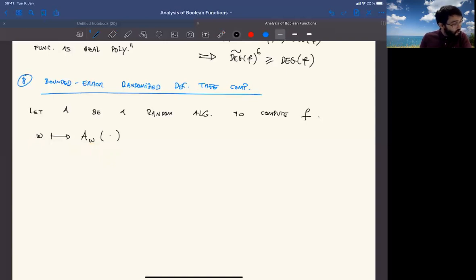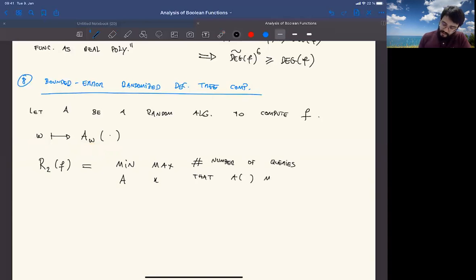And so then R2 of F is defined as the minimum among all algorithms A of the worst case scenario, where you take the number of queries that A makes.